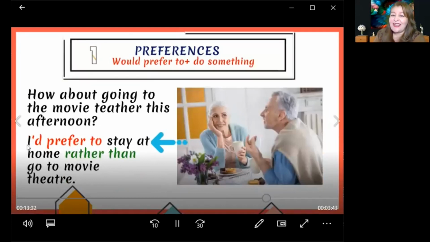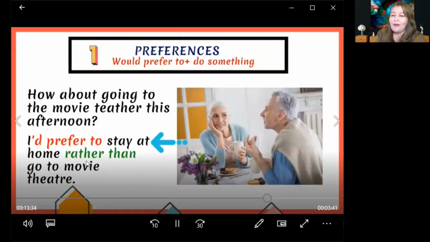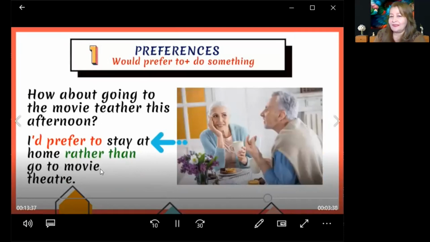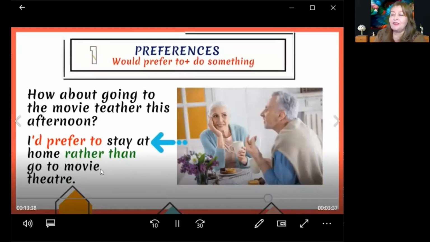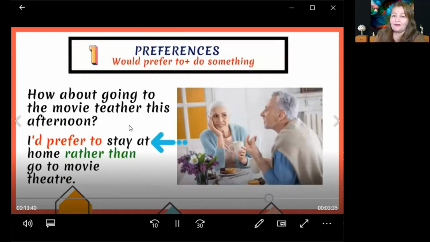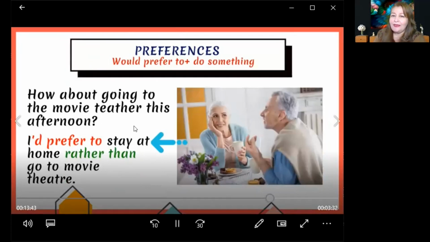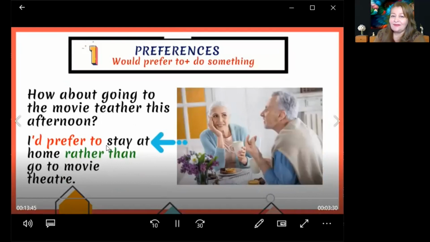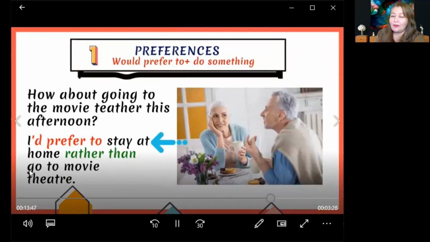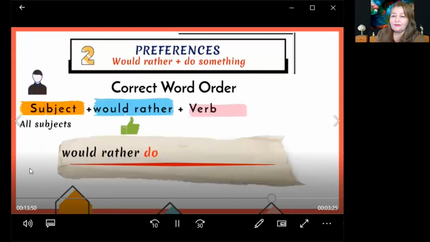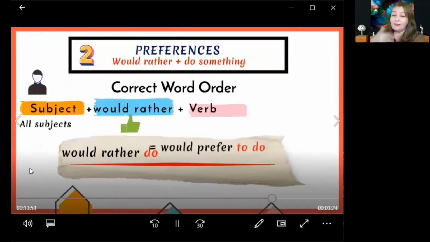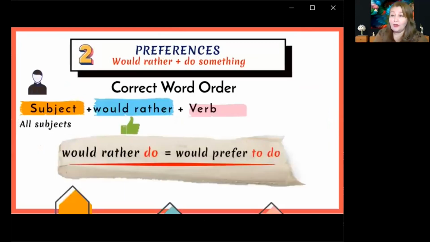And she says, I prefer to stay at home rather than go to the movie theater. I prefer to follows a verb here, stay, and we have another verb here, to go.